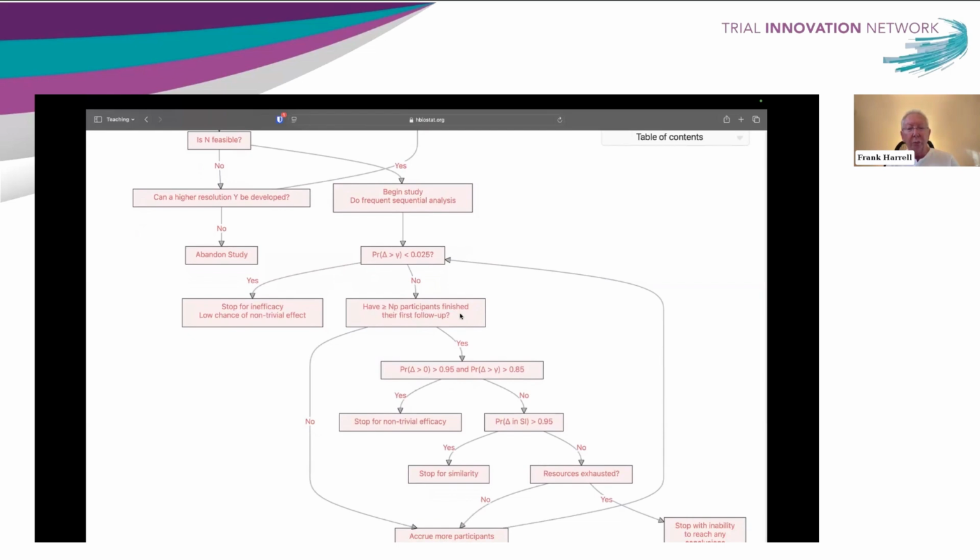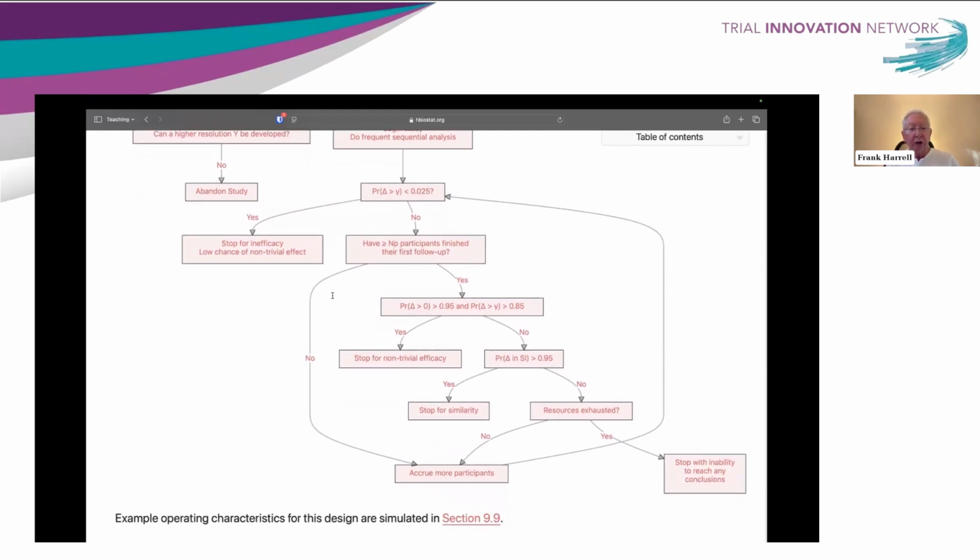This is going to be the minimum number of patients that will give you adequate precision for estimating the treatment effect. If you have not already seen that many patients, so if that's no, you're going to accrue more participants, and then you're going to go back up here and look for, with the new participants, the evidence for inefficacy.